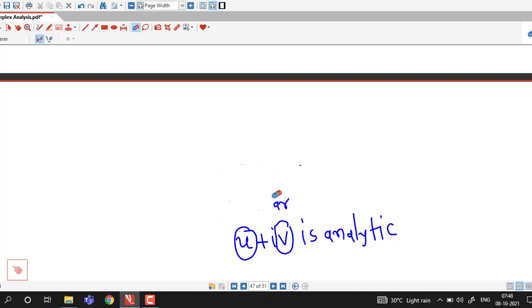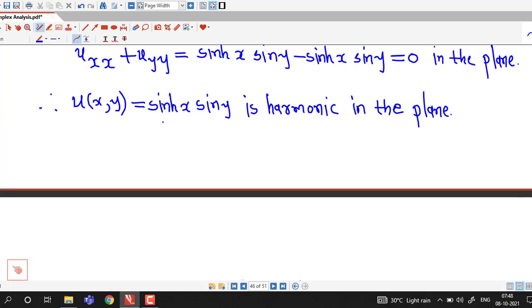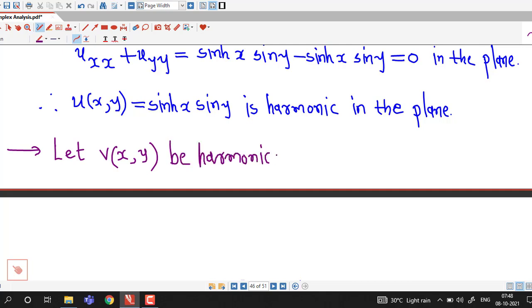So with this definition in our mind, we try to find out harmonic conjugate of given function. For that we assume that suppose v is the harmonic conjugate of given function u. Let v(x,y) be harmonic conjugate of given function u in the plane.